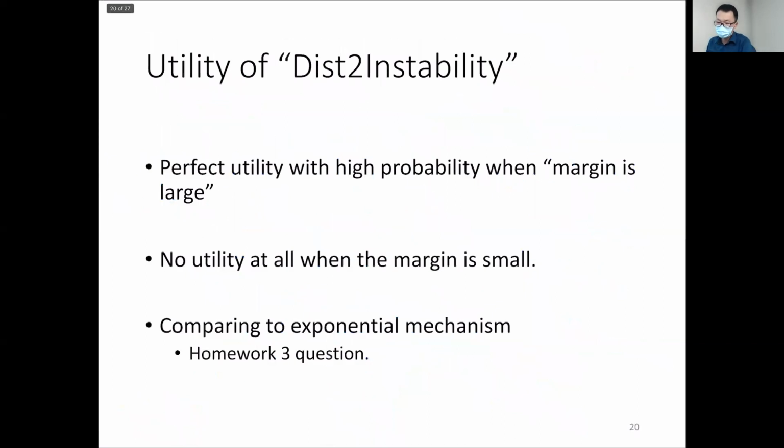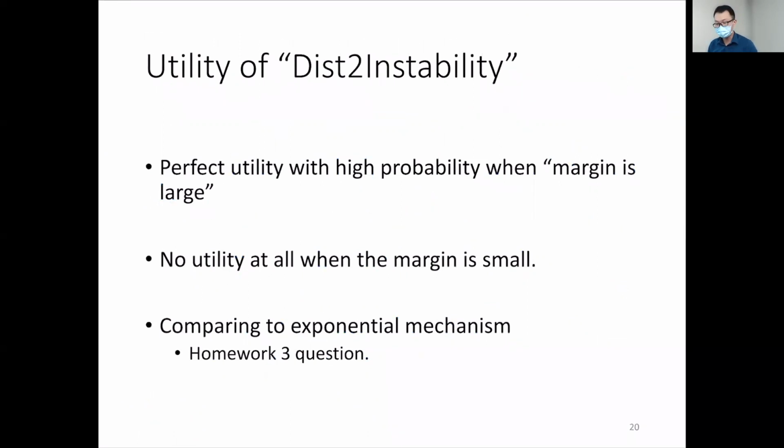So the utility of the distance to instability algorithm is somewhat interesting, because we get perfect utility with high probability when, in some sense, the margin is large. And on the other hand, we get no utility at all when the margin is small, because we simply refuse to answer. Right. So one may ask how this compares to the exponential mechanism.